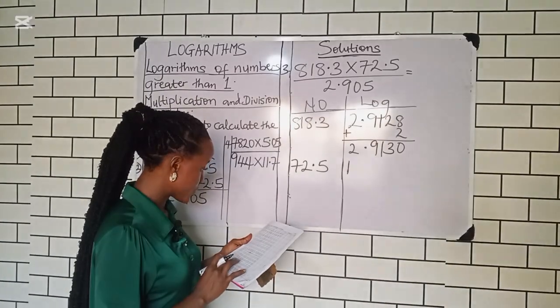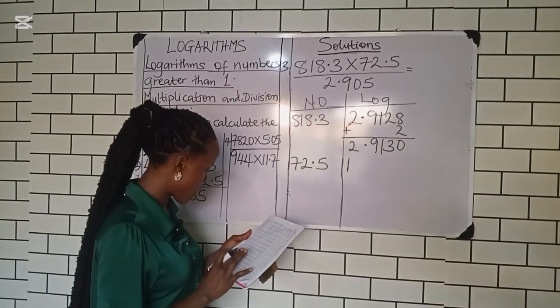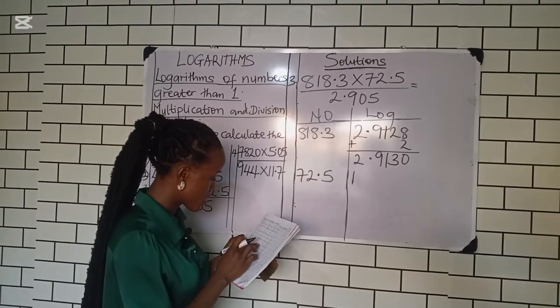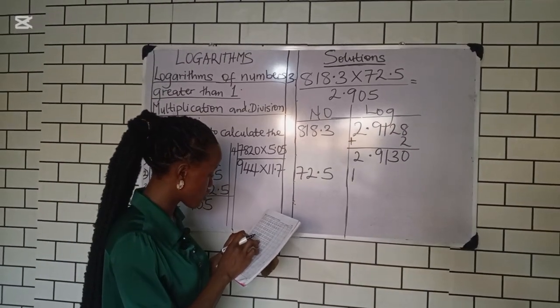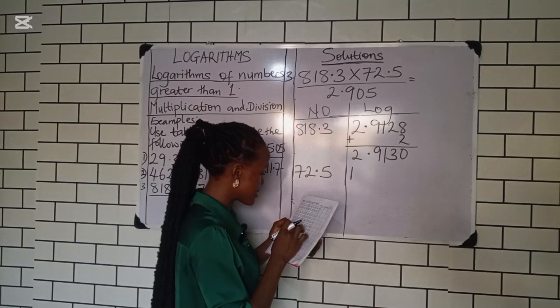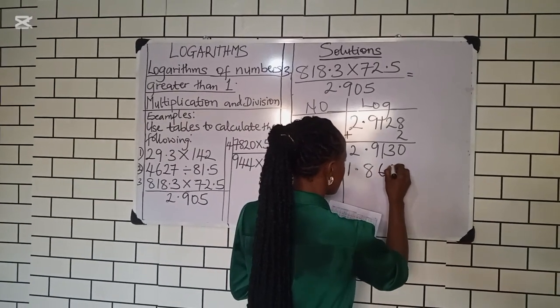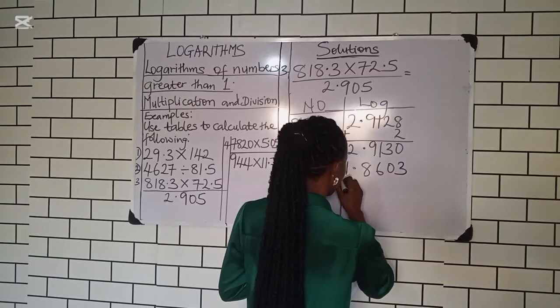Now 72 under our logarithm table, under 5 will give us 8603.